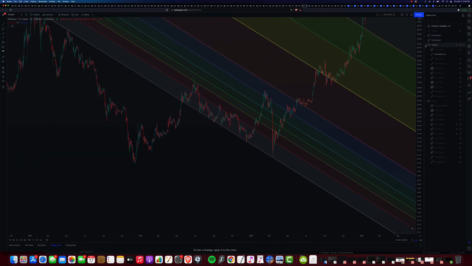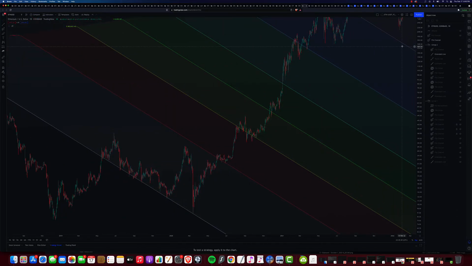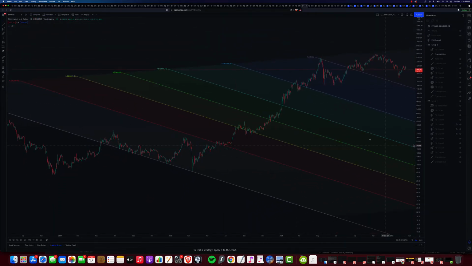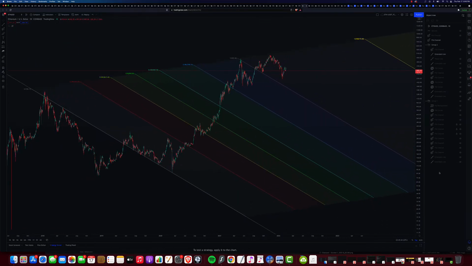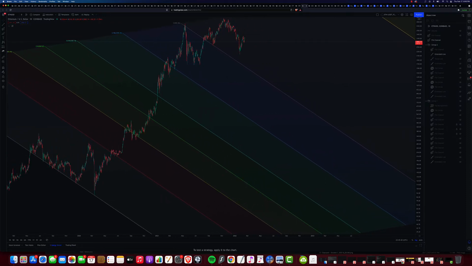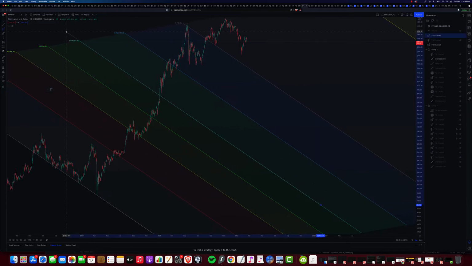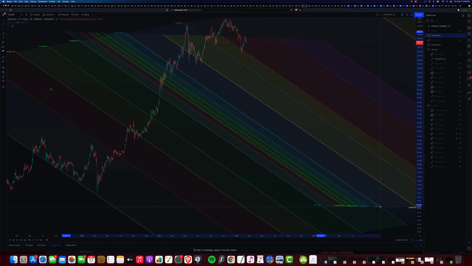Alright, let's go ahead and hide that one, and let's pick another one. Zoom in. Let's go between these two parallel lines.